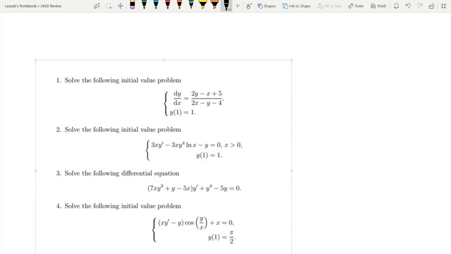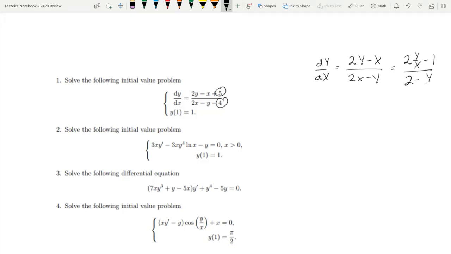The idea is that we want to get something that's homogeneous. So this means that we don't want to have these constants. So we want to end up with something like this, right? Because then if you divide the top and bottom by x, you would get on the right-hand side a function of y over x, so that becomes homogeneous. But to do that, we just shift. So we're going to replace the old y with the new y plus some amount, k.